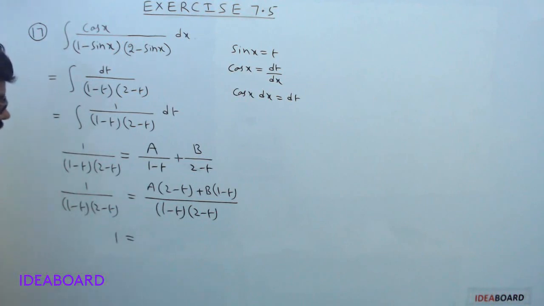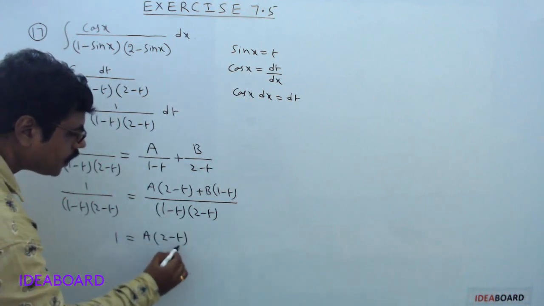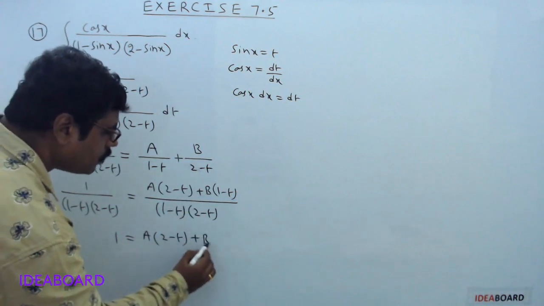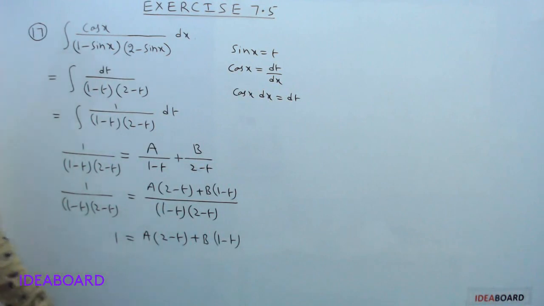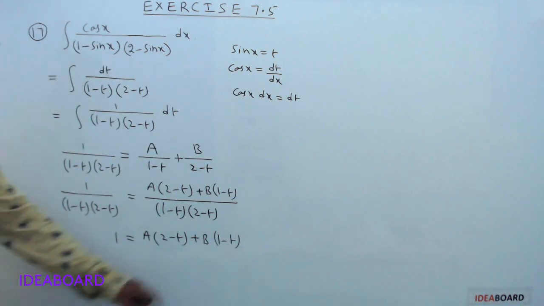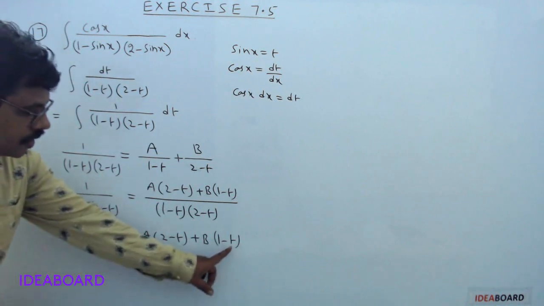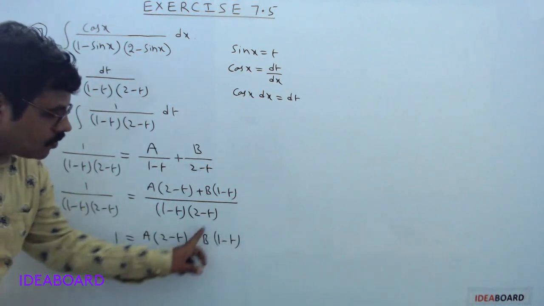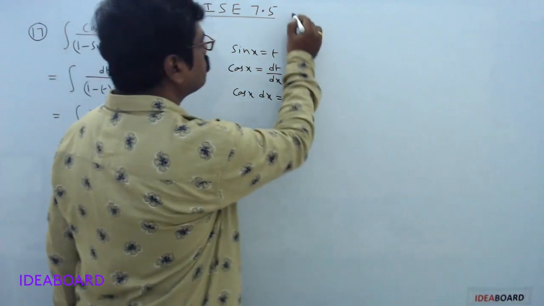Write down the remaining expression. 1 equals a into 2 minus t plus b into 1 minus t. To find the value of a, make the second term 0. By substituting t equal to 1, this term value will be 0. So write down t equals 1.